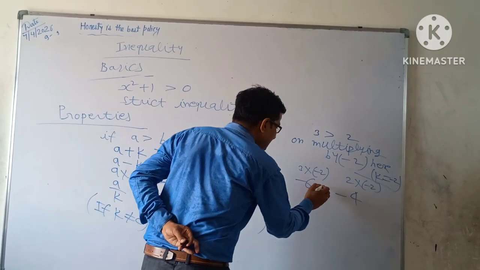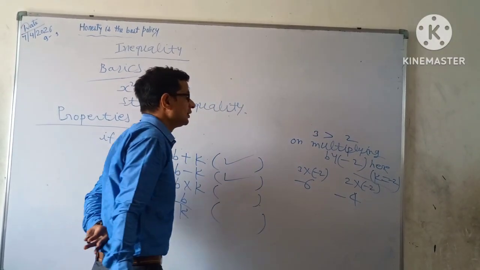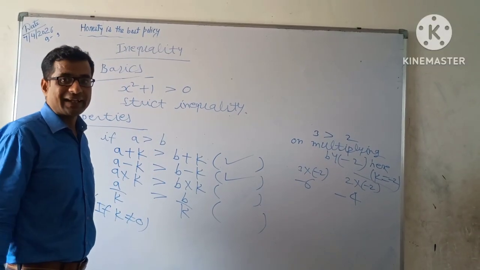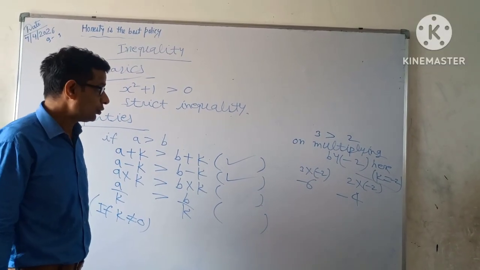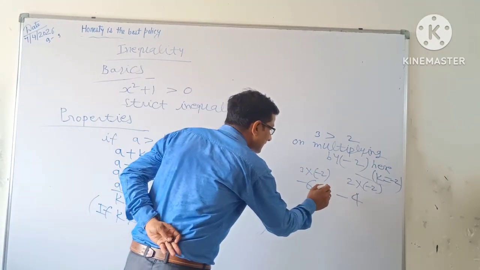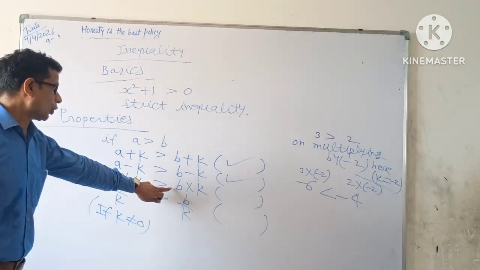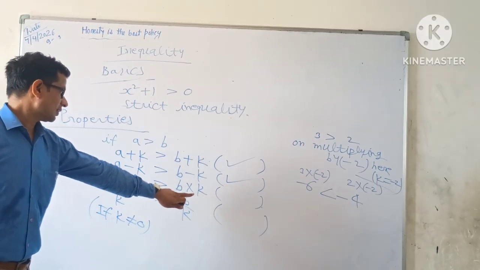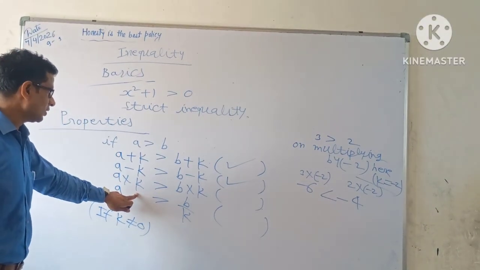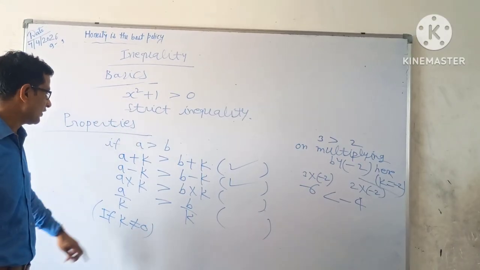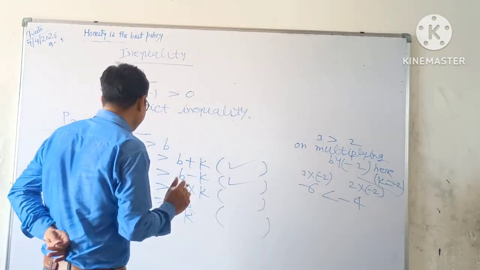Now is minus 6 greater than minus 4? No, we know that minus 6 is less than minus 4. So here the inequality fails. We cannot multiply an unknown number K on an inequality. There may be a problem.